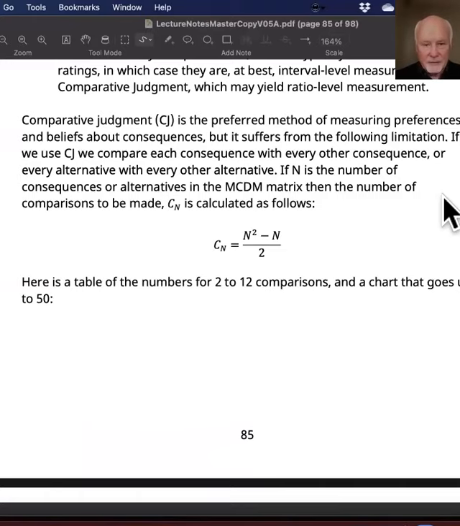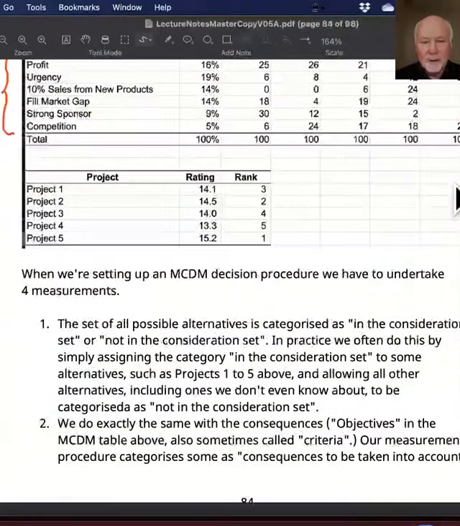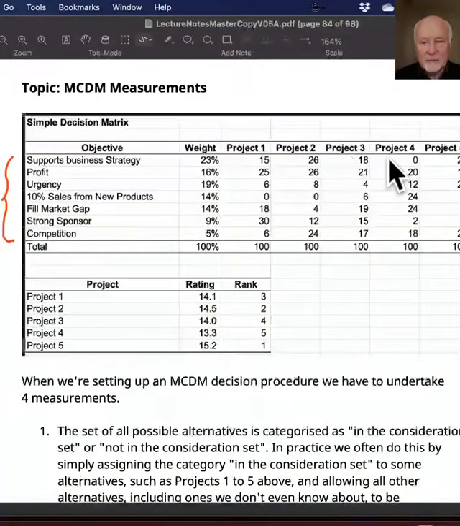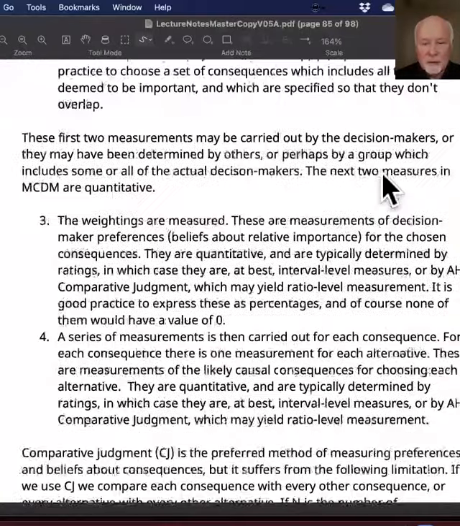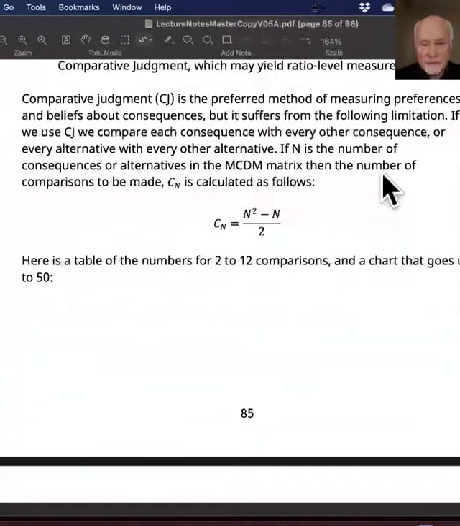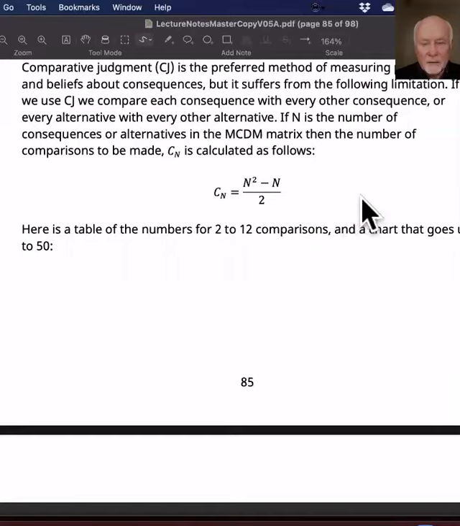Let's think about, say, the projects up here. There's 5 of them. You've got to compare each project with every other project, and that's quite a lot of comparisons. There's a formula for working it out, which is here. So in that case, it would be 5 squared, which is 25, minus 5, which is 20, divided by 2, which is 10.